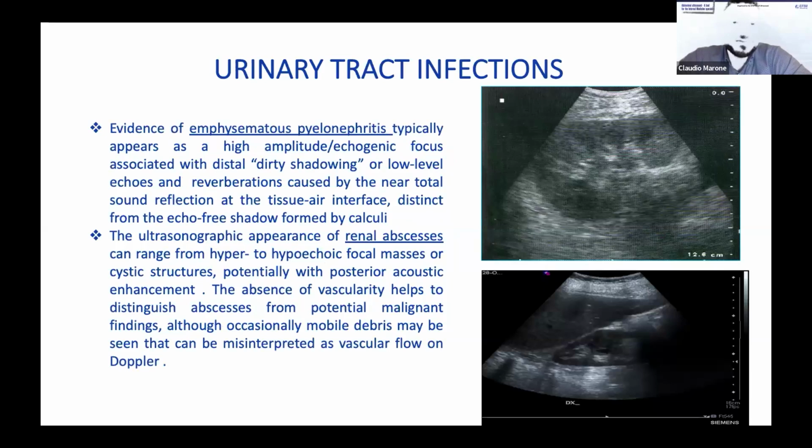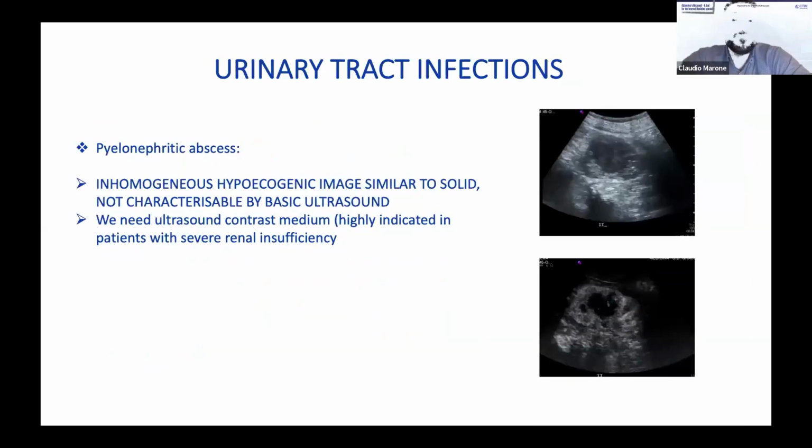So this is evidence of emphysematous pyelonephritis, which appears as a high amplitude echogenic focus associated with distal dirty shadowing or low level echoes and reverberation, caused, of course, by the near total sound reflection at the tissue-air interface. The abscess is inhomogeneous, hypoechogenic, and similar to a solid structure.